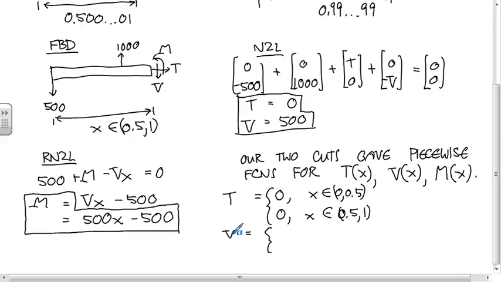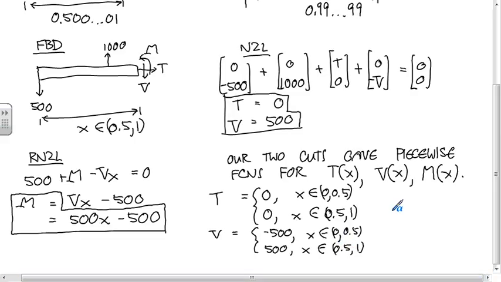The shear force is equal to negative 500 newtons for x between 0 and 0.5, and positive 500 newtons for x between 0.5 and 1. And then the bending moment, M, is equal to, what did we have?